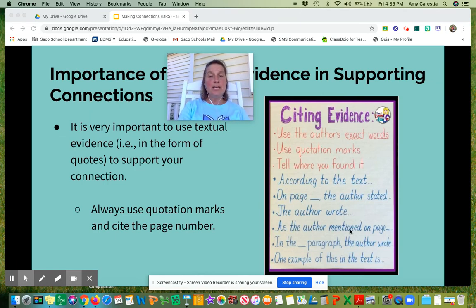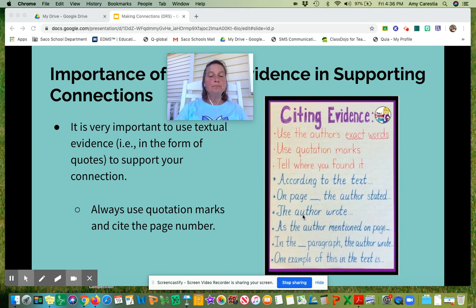As the author mentioned on page 5, again, with this sentence starter, you don't have to include the parentheses with the page number at the end of the quote. In the first paragraph, the author wrote, or another sentence starter for citing evidence is, one example of this in the text is, and then you would have your quotation.